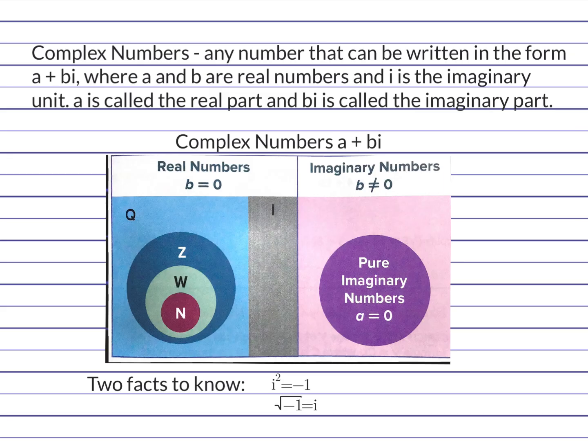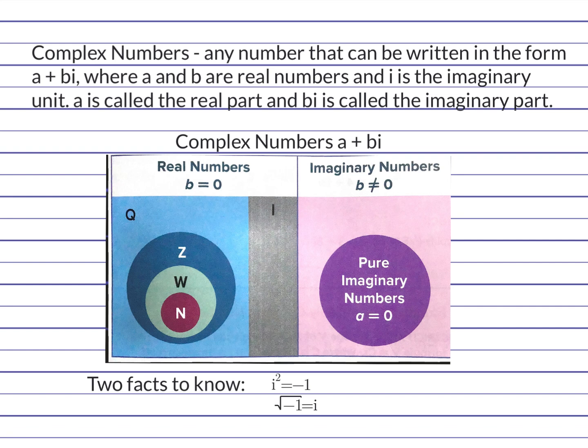Complex numbers: any number that can be written in the form a plus bi, where a and b are real numbers and i is the imaginary unit. a is called the real part, so this is called the real part, and bi is called the imaginary part.